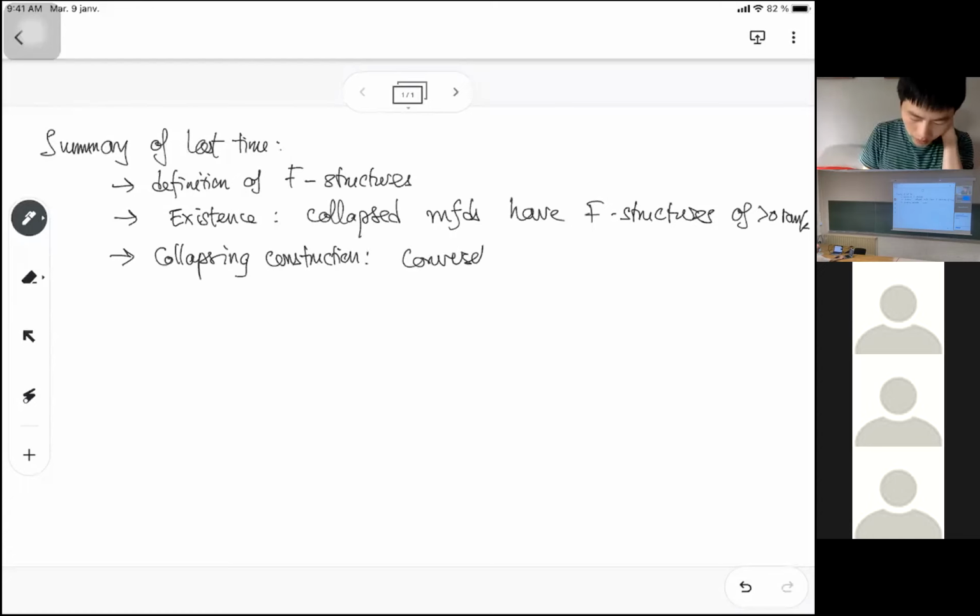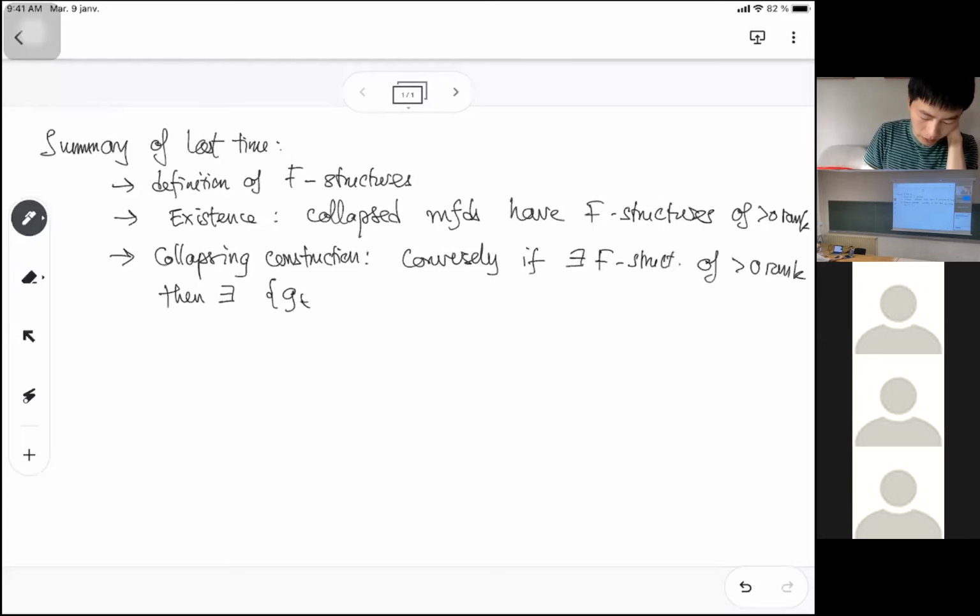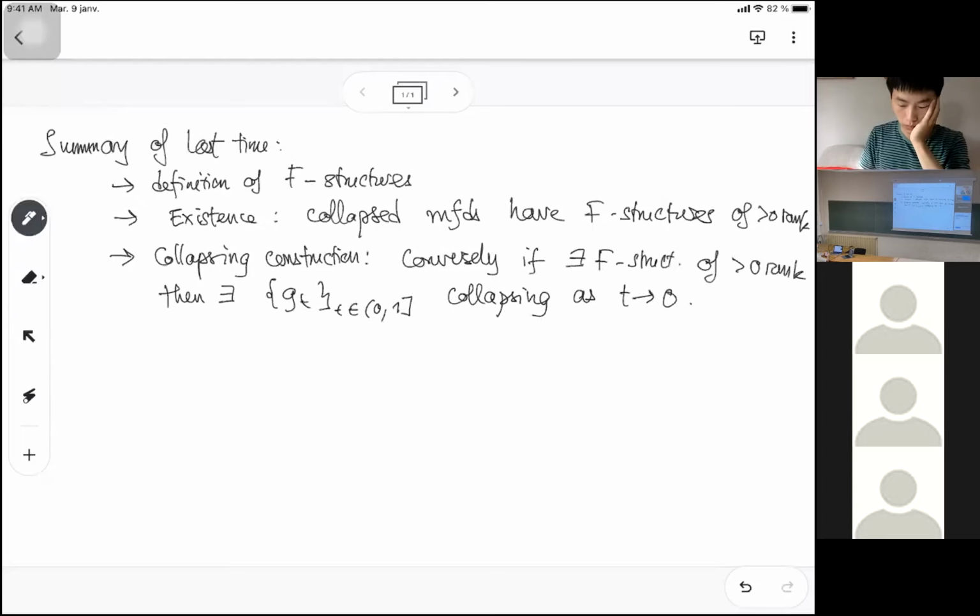So conversely, if there exists an F structure of positive rank, then you can find the collapsing family of metrics. So as the parameter t goes to 0, your injectivity radius goes to 0, and the sectional curvature is uniformly bounded in terms of the first metric, G1. So that's the constructive part.